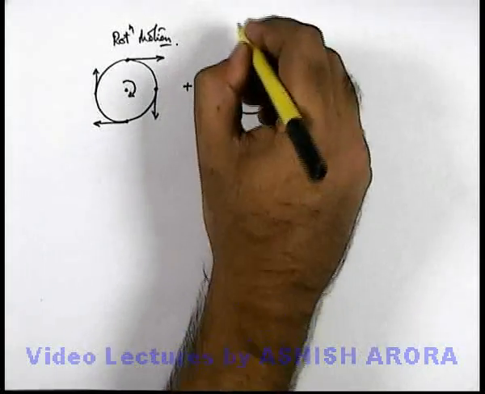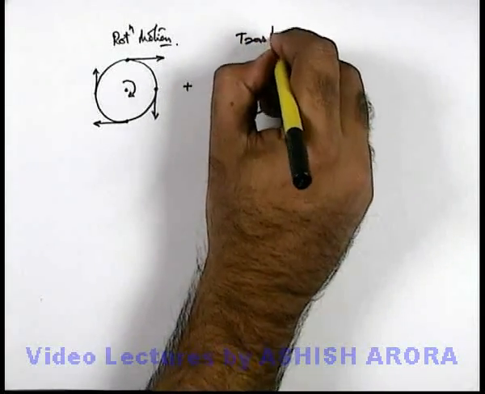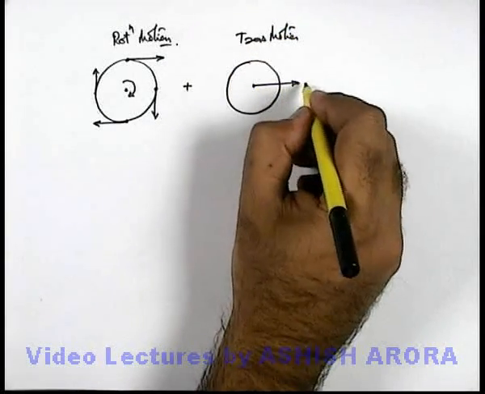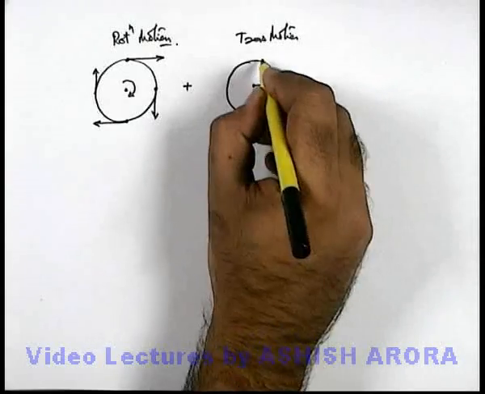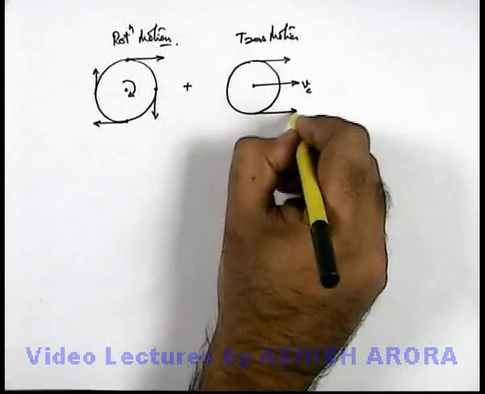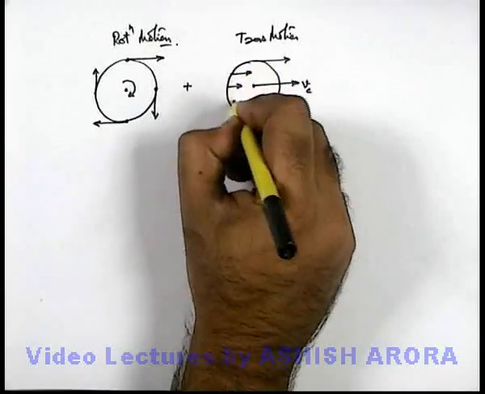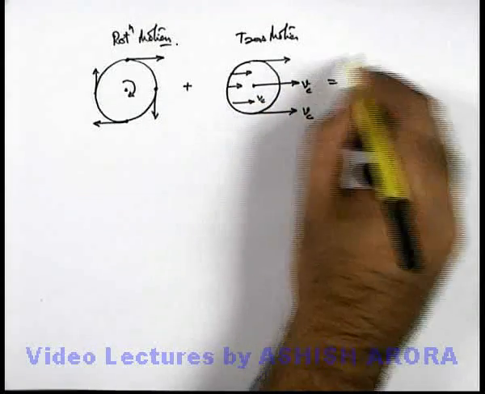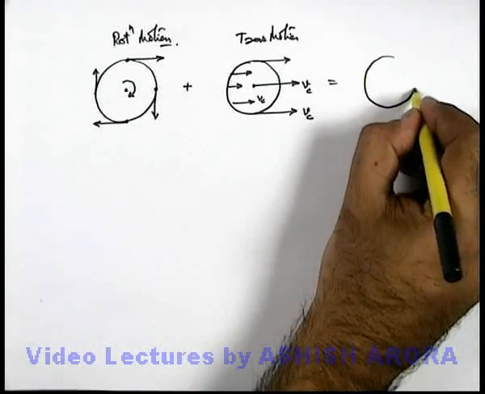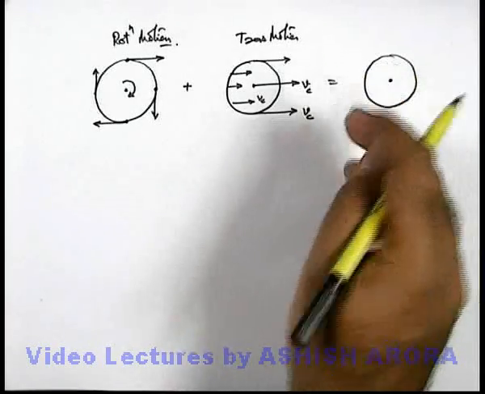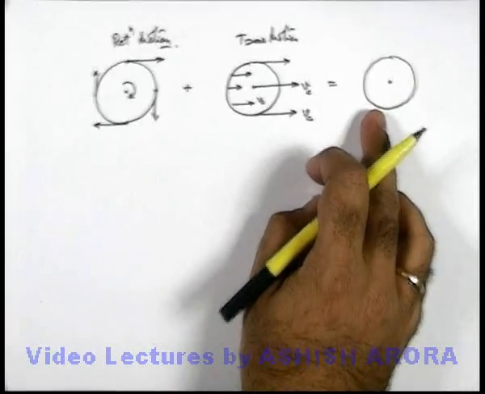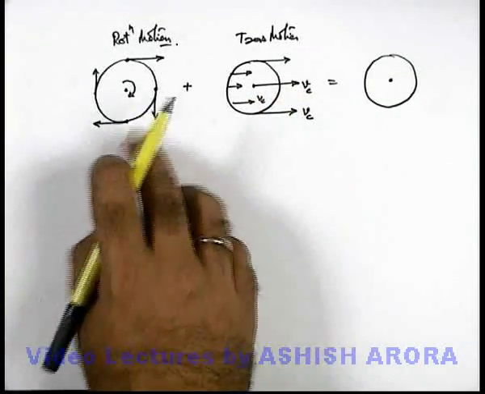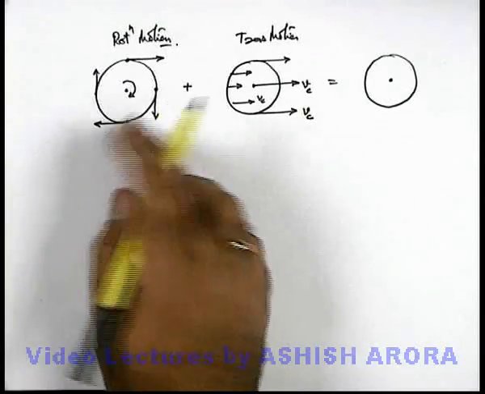And if we add the translational motion, if the body is moving with a uniform speed Vc, then all particles of the body will move with the same speed Vc. And if we combine the two motions, each particle of the body will have two different velocities. One is due to the translational motion and the other is due to the rotational motion.